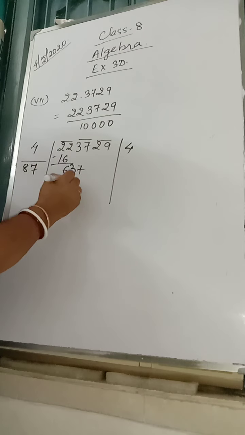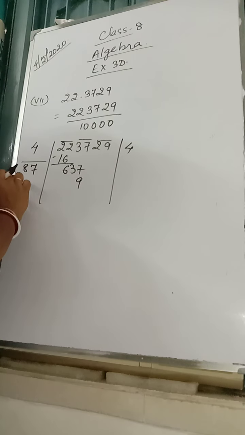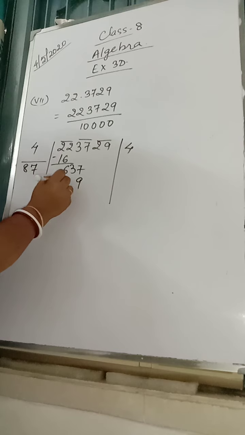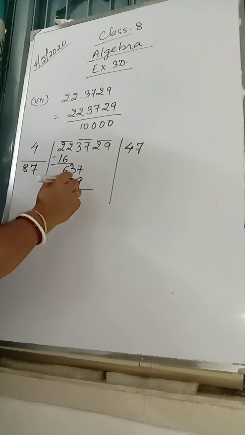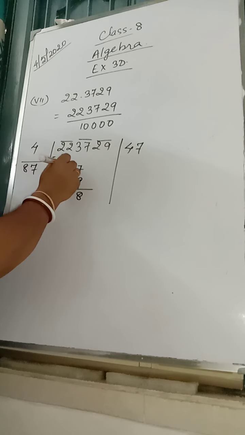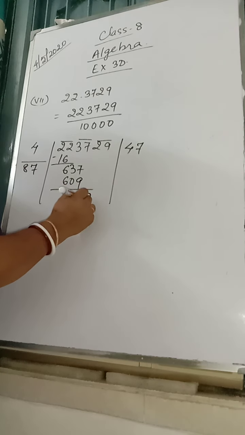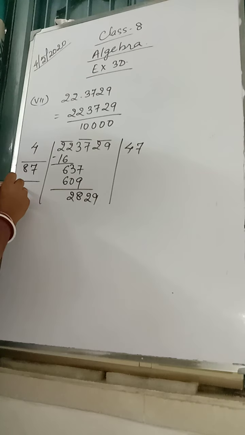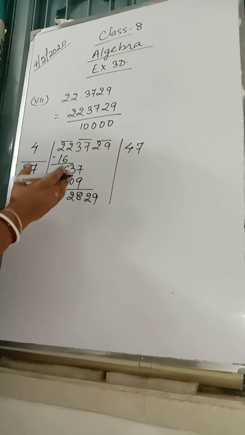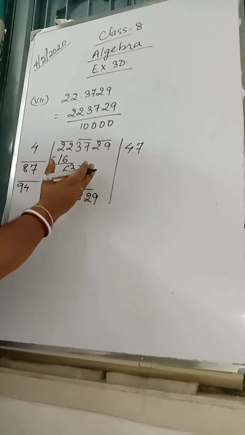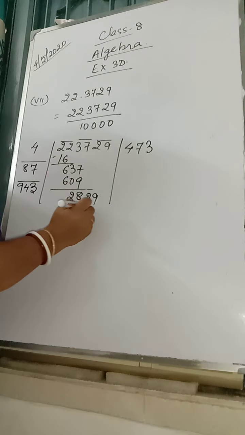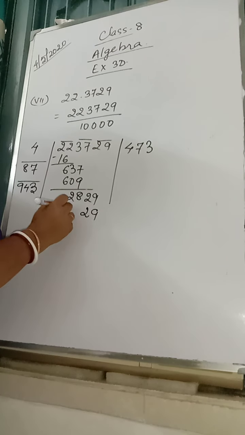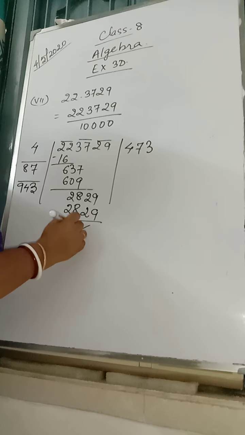So we'll place 7. 7 7s are 49, 7 8s are 56 and 4, 60. 177 minus 9, 8, 2, another 29 is coming. Double of 47 is 94. Now hide one digit, hide 2 digits. 9 3s are 27, so we'll place 3 here. 3 3s are 9, 3 4s are 12, 3 9s are 27 and 1, 28.